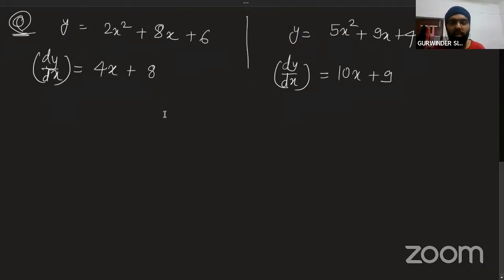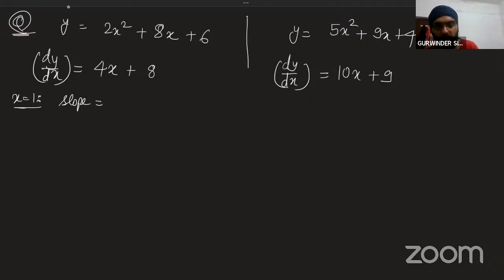Okay. So now I am telling you to find the slope of this curve at x is equal to 1. What will be its slope? Will it be 0?